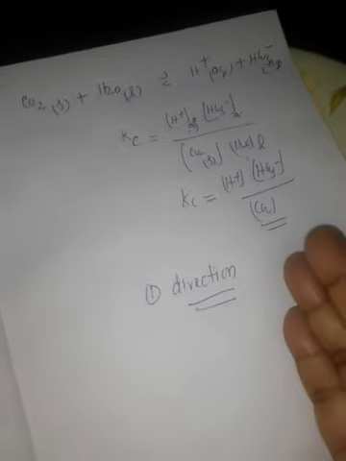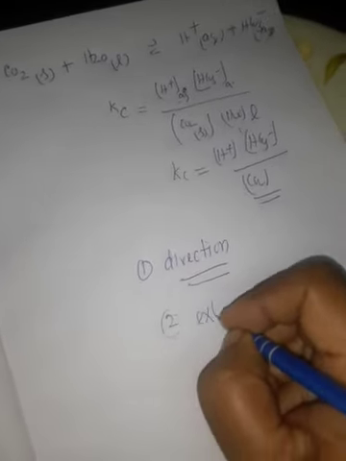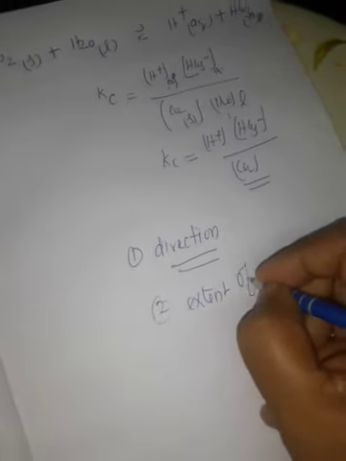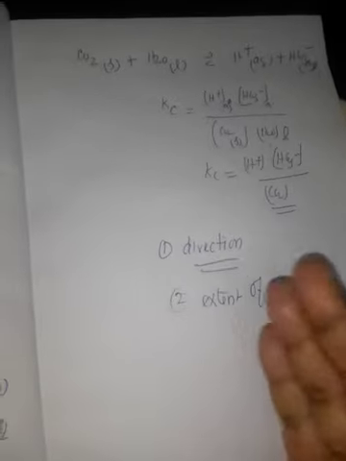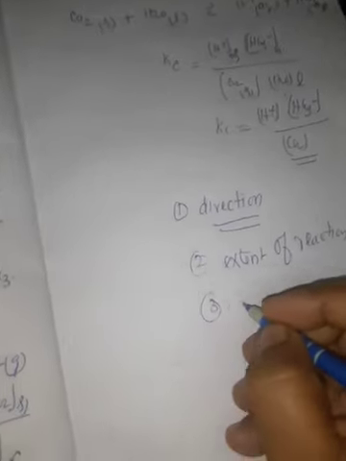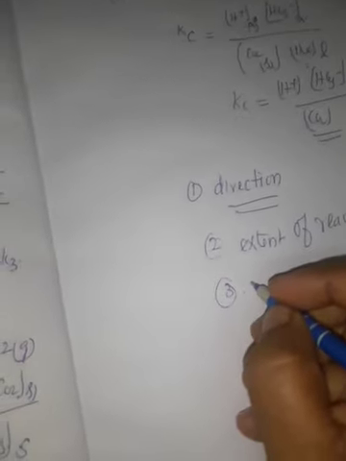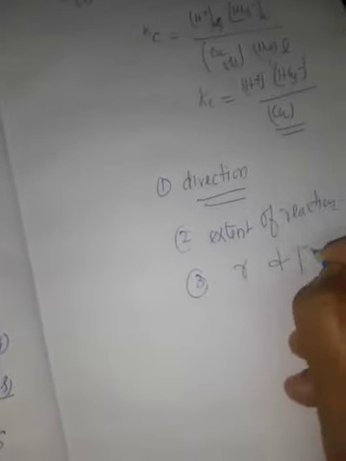Forward means from left to right, backward means from right to left. Number two, extent of reaction. Whether it is reversible or irreversible, the extent of reaction it tells. Number three, it is used to calculate the equilibrium concentrations of the reactants and products.